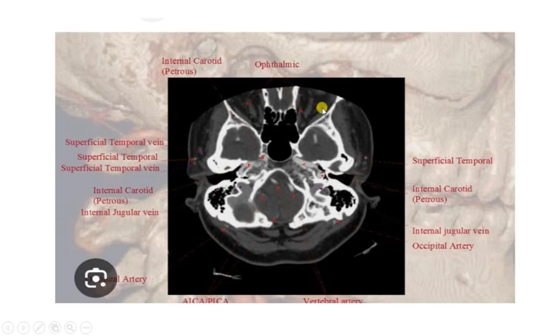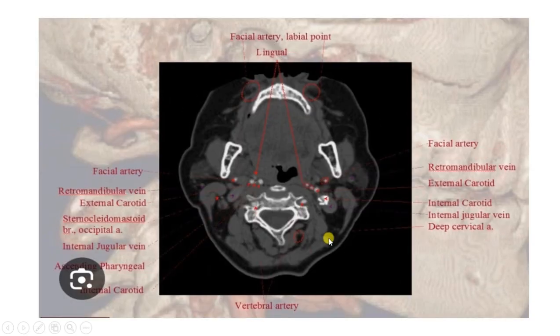Here both the ophthalmic arteries are located, and at this region the superficial temporal artery with vein can be located, and at this region the internal carotid artery is appreciated along with the internal jugular vein here, and at this level the superficial temporal artery is appreciated, and here are the vertebral arteries, and this is the location of the occipital artery.